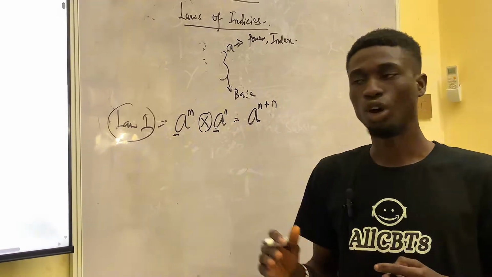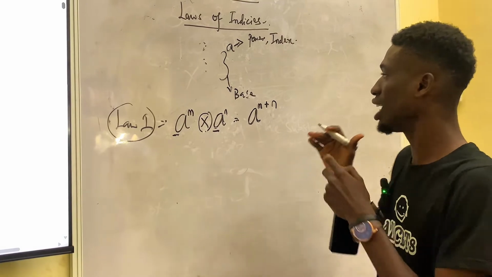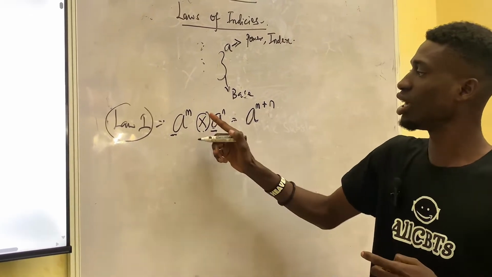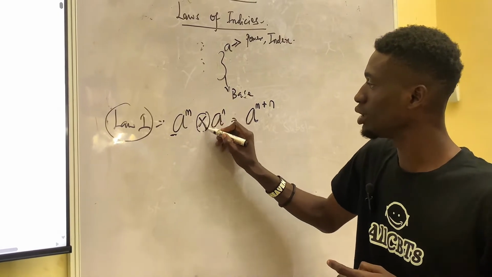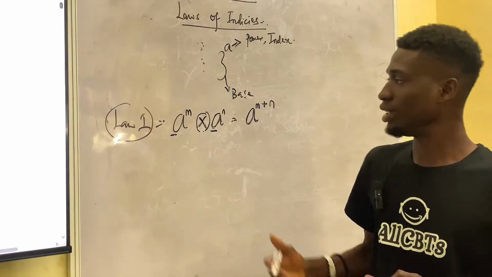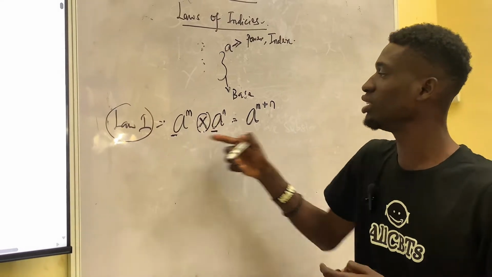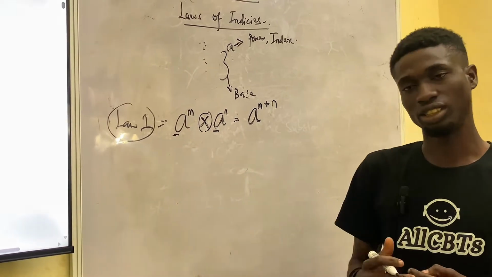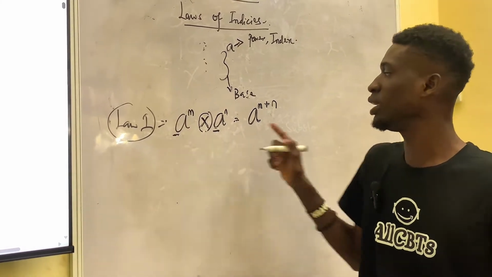So now law 1 has been proven. In a nutshell, law 1 is trying to tell us that our multiplication sign will change to addition sign. Then our base must be the same for us to be able to use our laws of indices. Take notice, your base must be the same.